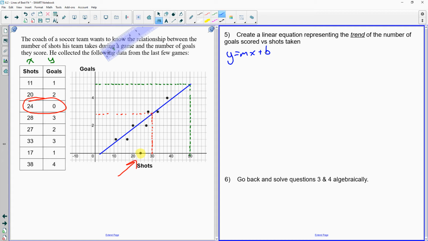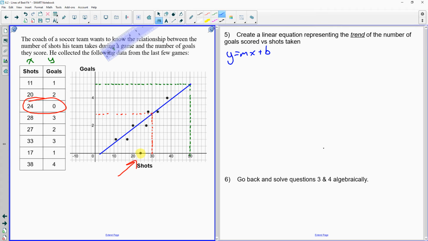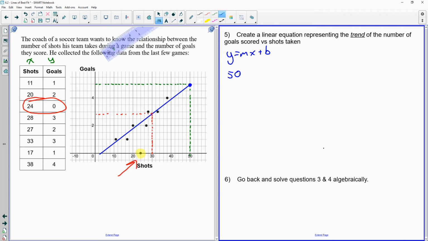So what I want to do is pick 2 points that are really good to read. These are not the data points. The points I choose need to be on the line. So I'm going to choose, well, this point that we chose was pretty good. So this is the point 50, 5, like that.